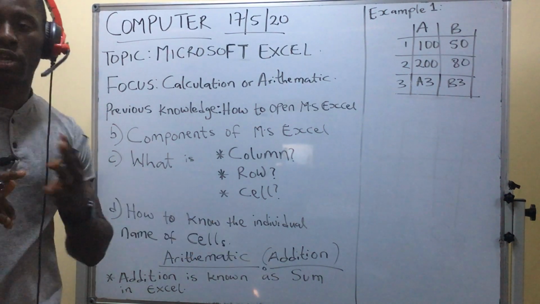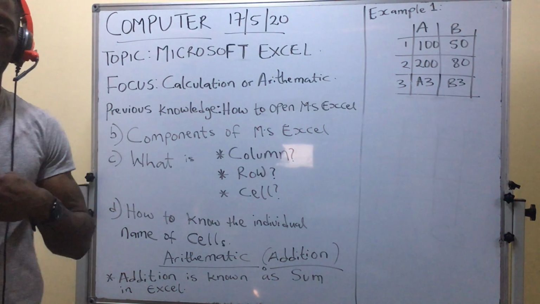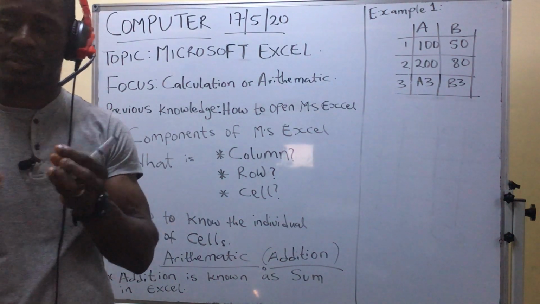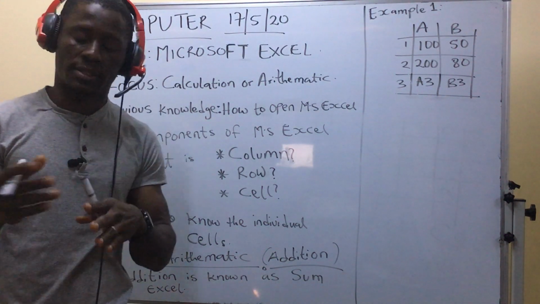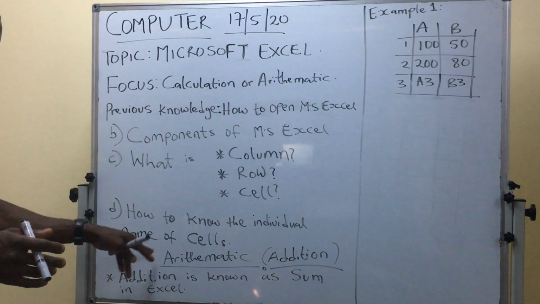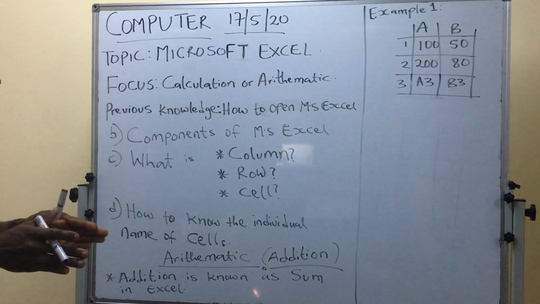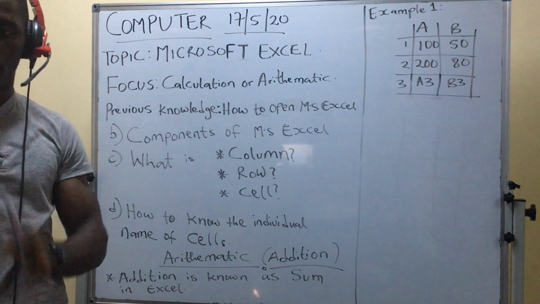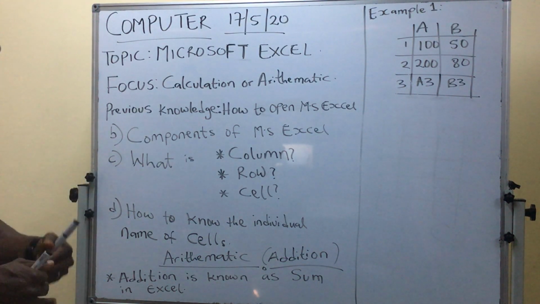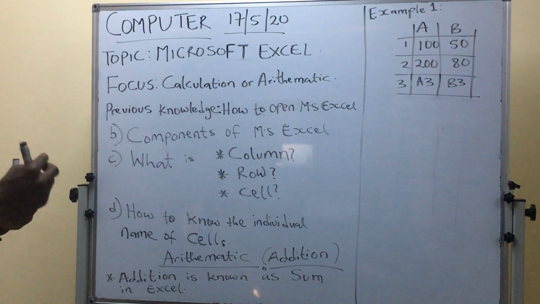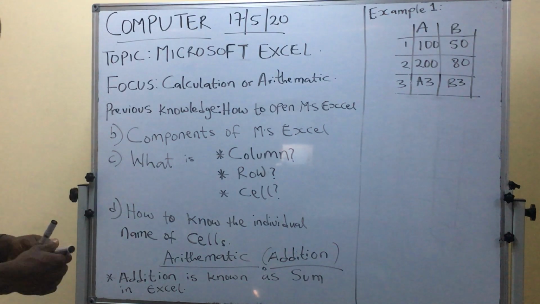In Excel, you don't call it addition, you call it sum. Some of these things have their own terminologies or terms that you use. You understand? So you call it sum in Excel, and in some other places you can call it addition, but in Excel it is recognized as sum. I would like you to get used to all these terms, so whenever they are mentioned, you know what you're talking about.